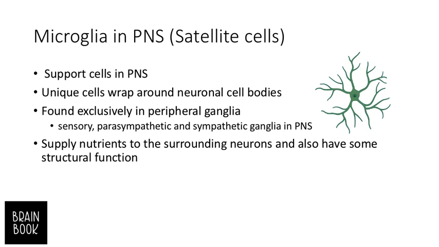Another type of cells in the peripheral nervous system are satellite cells. They act as supportive cells in the peripheral nervous system.